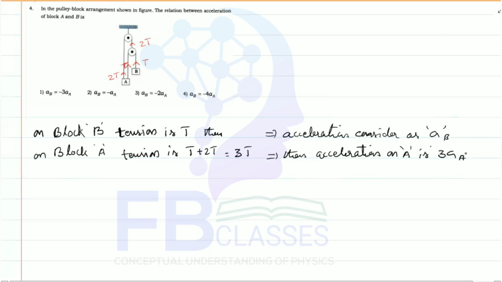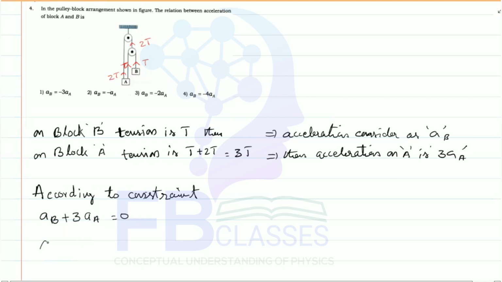So now the acceleration according to the constraint equation, so according to the constraint, what will happen? See here, we are going to write here AB plus 3AA is equal to 0, right?